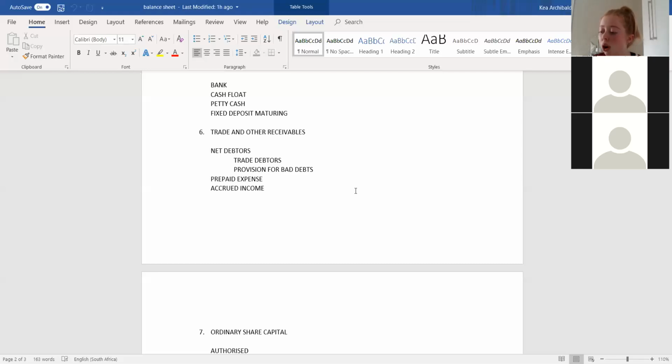So if SARS owes us, then it would go into the trade and other receivables because then it'll be an asset. For SARS to owe us, it would have to be on the debit side. Because if you were to look at a SARS account, if you treat it as a liability, because generally it's a liability, so we'll have minus plus on our T account.